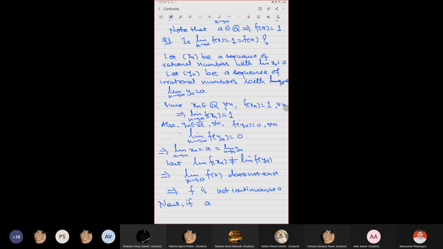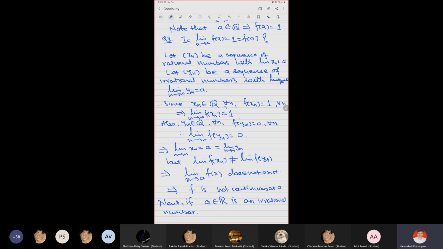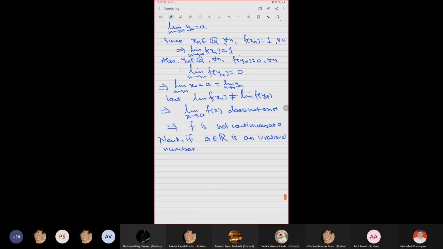Next, if a belongs to R is an irrational number, suppose a is an irrational number. Then by the same logic, consider a sequence of rationals and irrationals and so on.